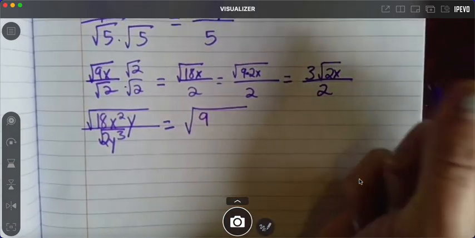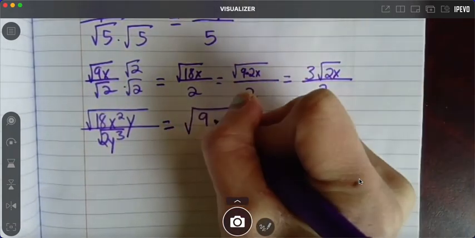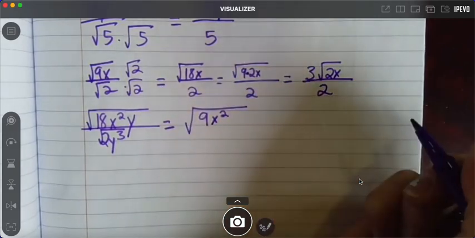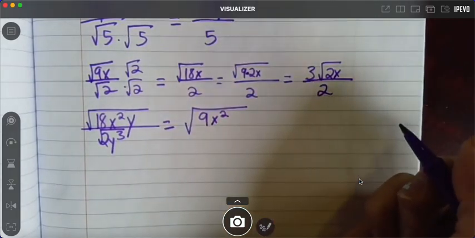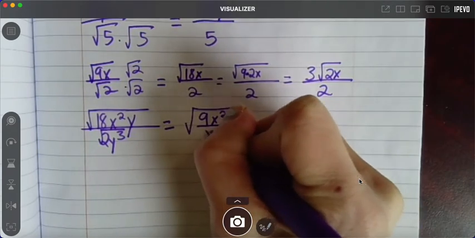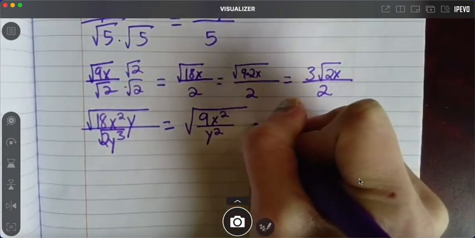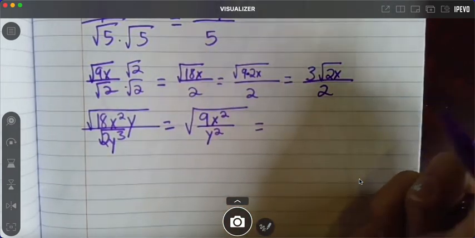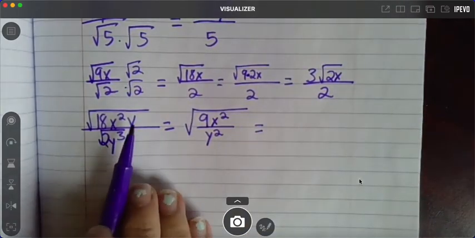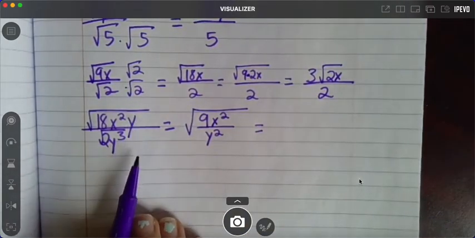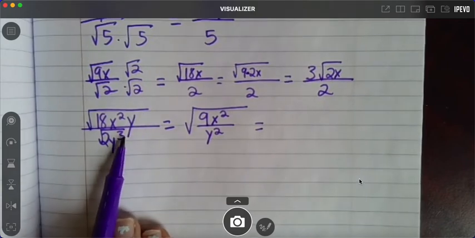9. I have x squared up top. And where's my y going to be? The bottom. Why would you put it down there? Because there's 2 more y's in the bottom than there are up top. What's 1 minus 3?